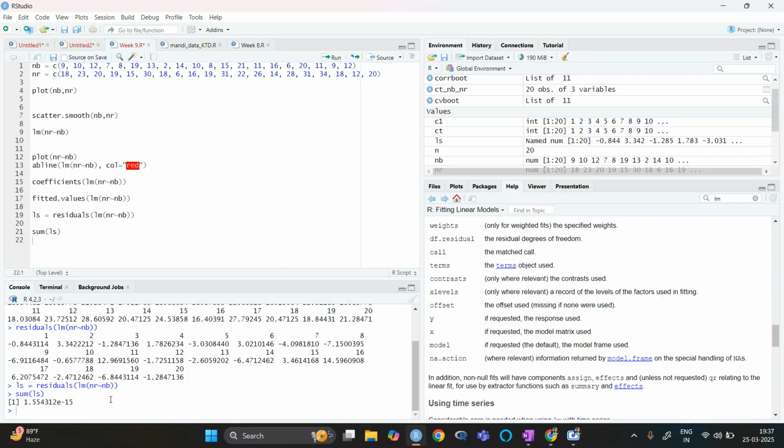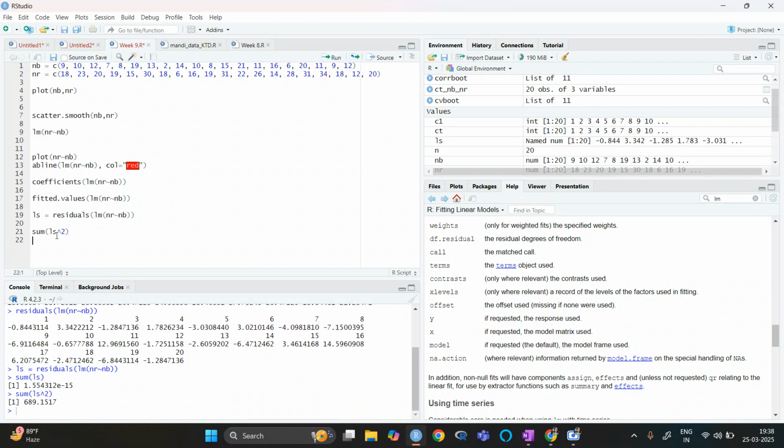So we do not do the sum of ls, we do the sum of ls squared. That will be least squares estimation. So these are the squared residuals, and then we need to take the sum. You can see that here the error is very high, right?